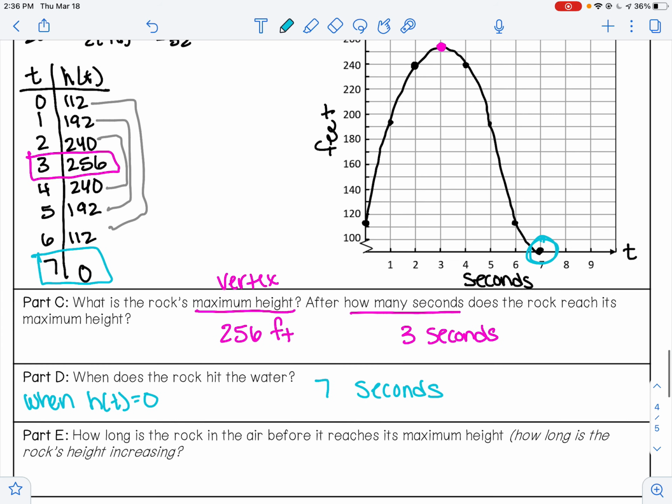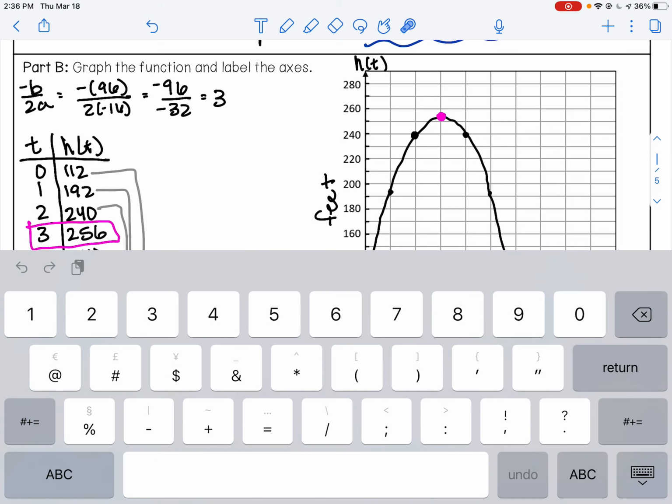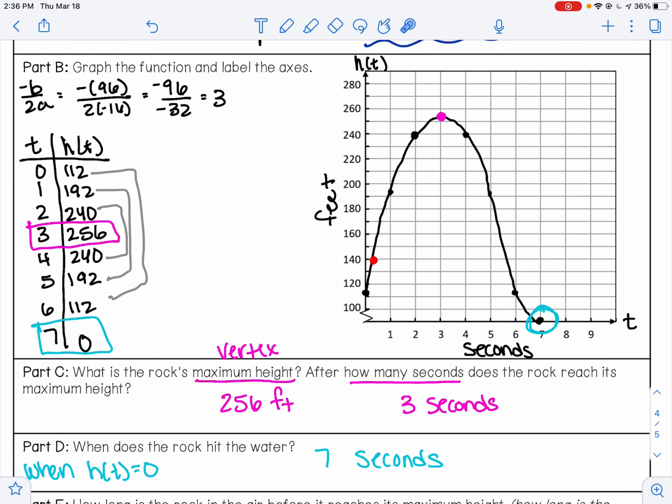Part E, how long is the rock in the air before it reaches its maximum height? So how long is the rock's height increasing? Well, let's see. We are increasing from the start of the event up until the vertex. And then we're decreasing from the vertex to the end.